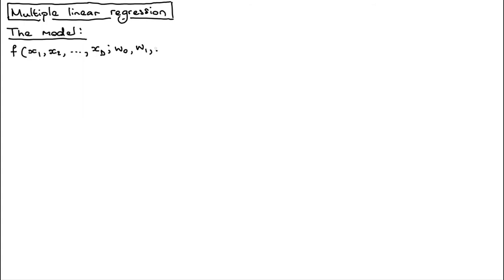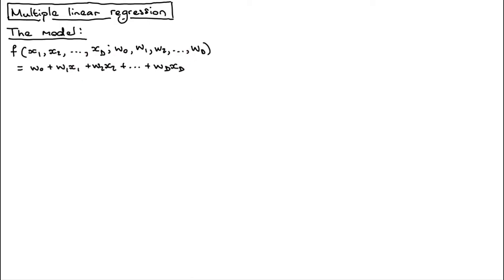But then we will also have w2 up to wd. And the output of the model in this case is equal to w0 plus w1x1 plus w2x2 plus ... plus wd xd.